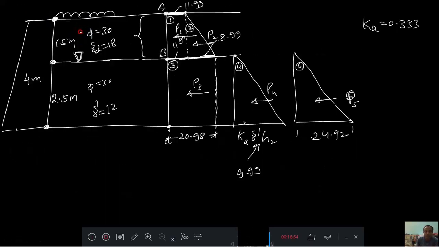P1 means what? P1 is the area of the small rectangle, 11.99 into 1.5, that is 17.98.